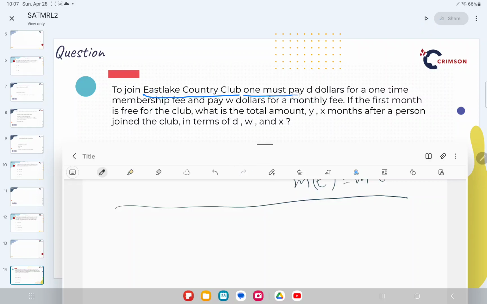You have to pay a one-time D dollar membership fee. It's like these fancy clubs where you pay a one-time fee and then you start paying your monthly fees. So let's say this is my balance book. I got paid $1,000, then I paid $20, then I paid $100 for groceries.